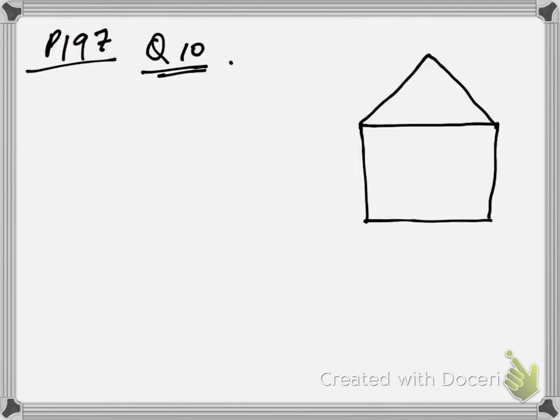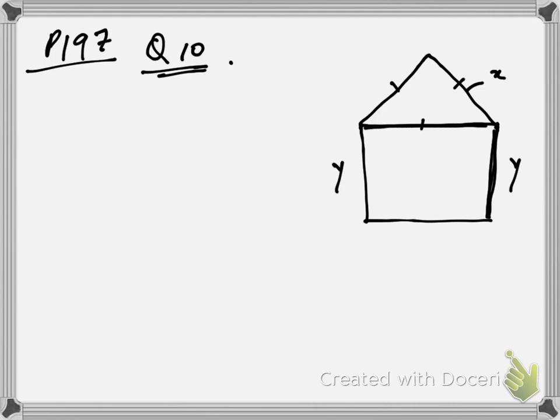The next question is on page 197, question number 10. So question number 10 is about an equilateral triangle ABE, which is sitting on a rectangle formed by itself. So equilateral triangle would be that, that, and that. And it wants you to use this as x and this as y.